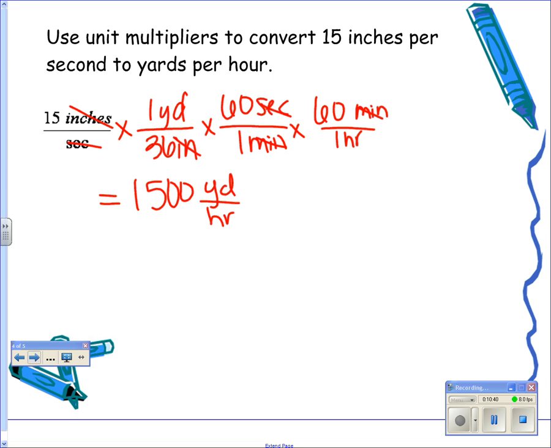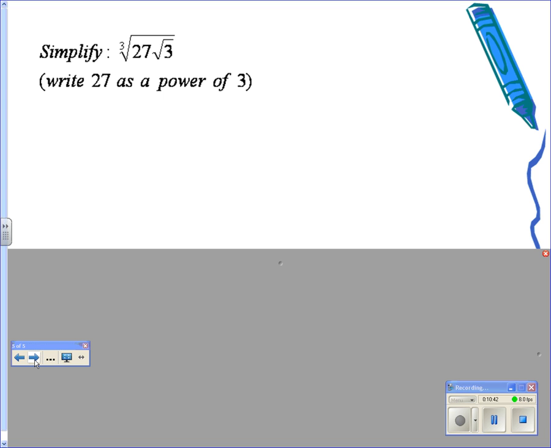Okay. Looking at fractional exponents, we've got the cube root of 27 times the square root of 3. What's different about this problem compared to the ones we did, I think, yesterday? The bases are different. They're not both a 3. But look, it says write 27 as a power of 3.